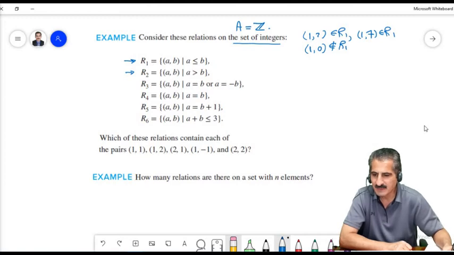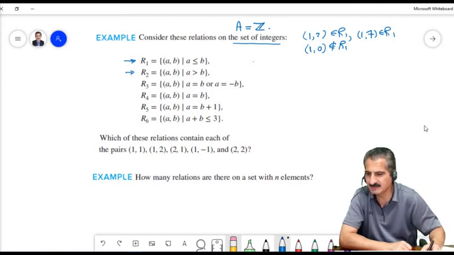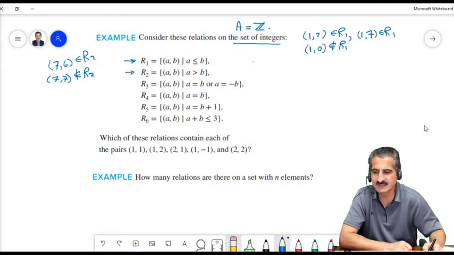Let me go back to R2 and give an example. We will have (7,6) belong to R2, but (7,7) does not belong to R2 because 7 is not greater than 7.